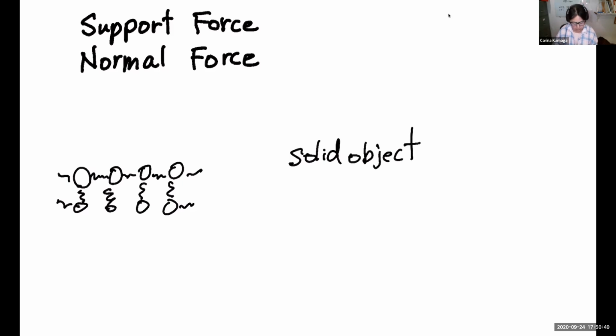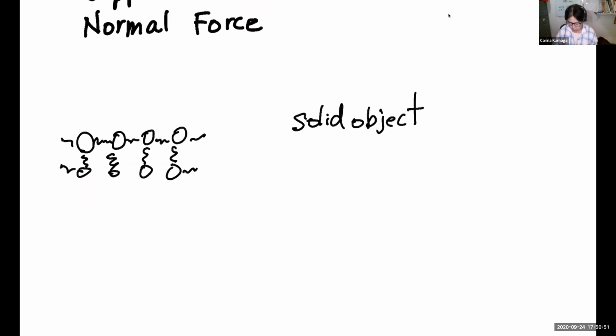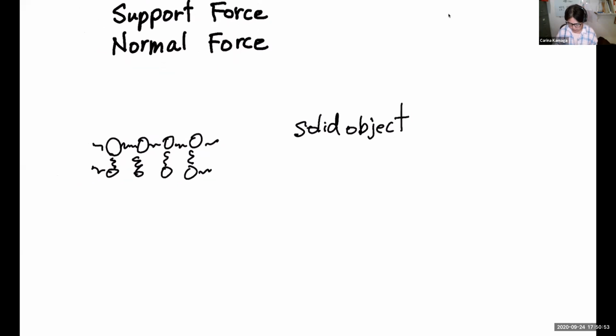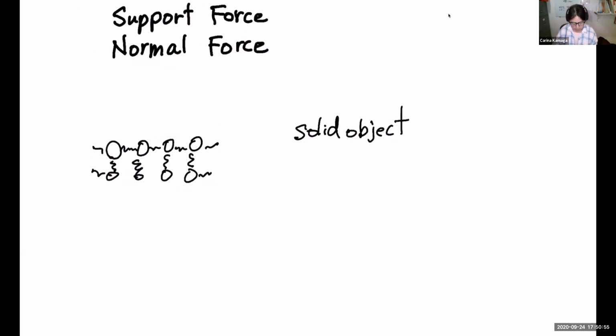And when you touch the surface of such an object, imagine a mattress. A mattress has many spring coils, and when you touch the mattress, let's say this is the finger that's touching it, you deform the shape a little, right?